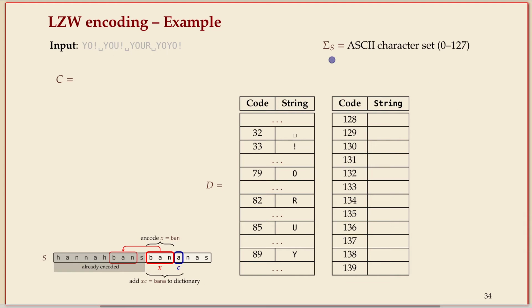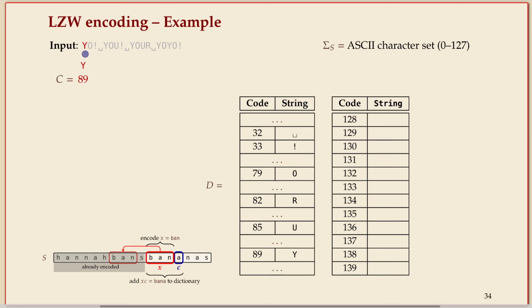I'm assuming here that we're using the standard ASCII alphabet. So we can pre-fill our dictionary with the first few entries taken just by the ASCII characters. I only show the ones that occur in our text, but of course the others would be there as well. And then we start encoding. At the beginning, it's easy because there's only the single characters in the dictionary.